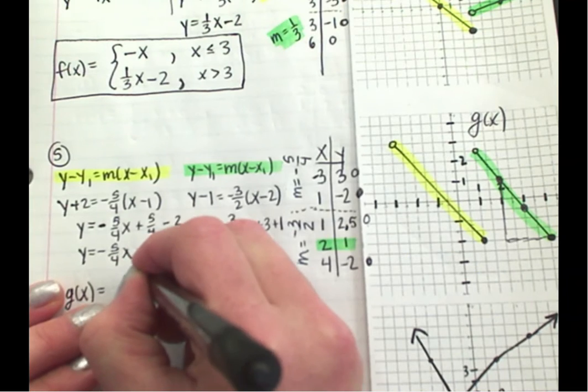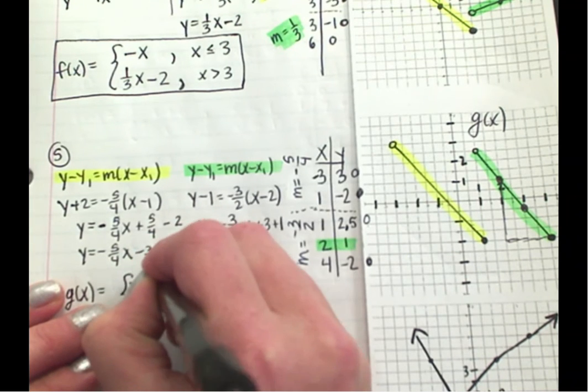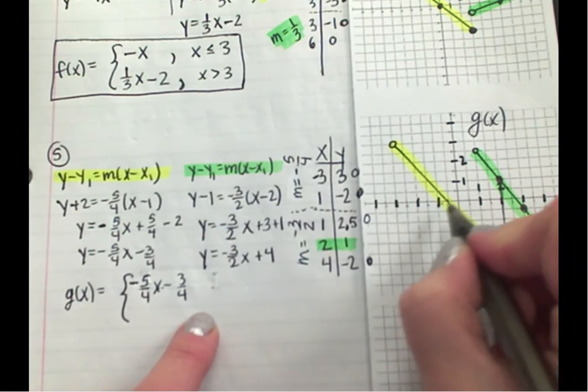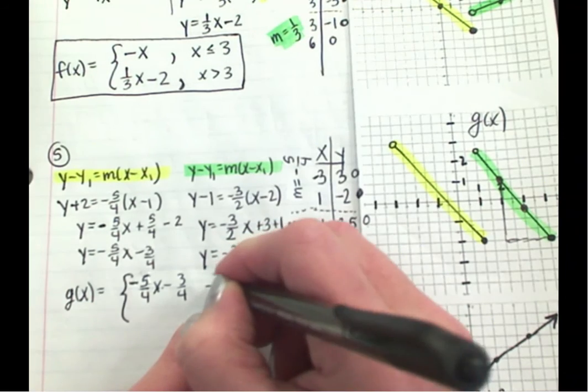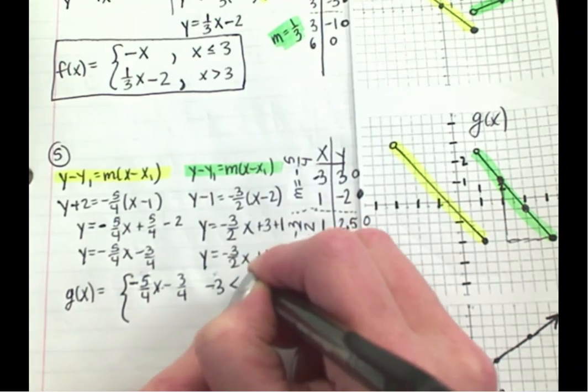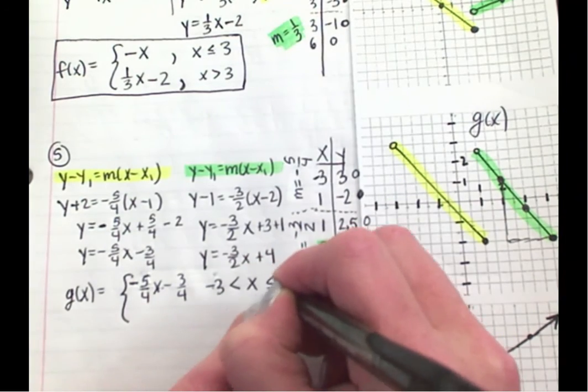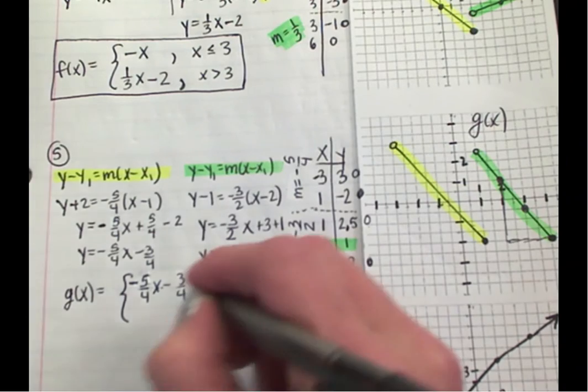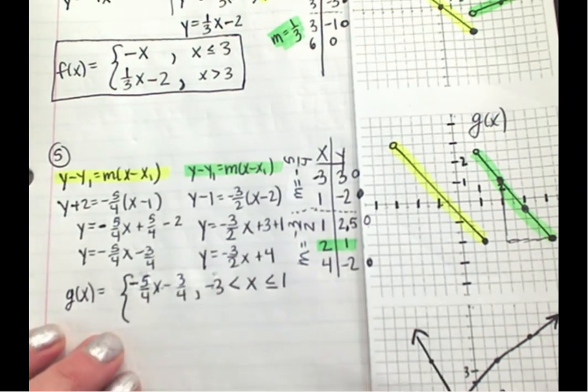Okay, so -5/4 x. Domain: 1, 2, -3, not include 1. Okay.